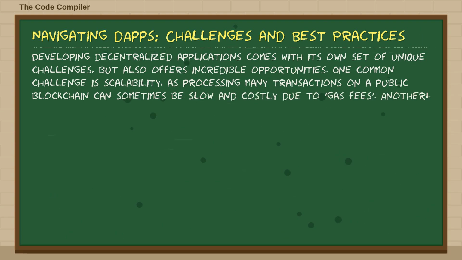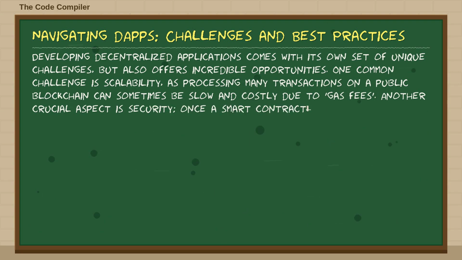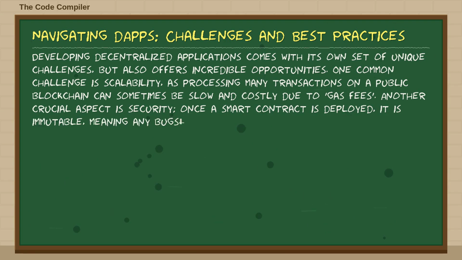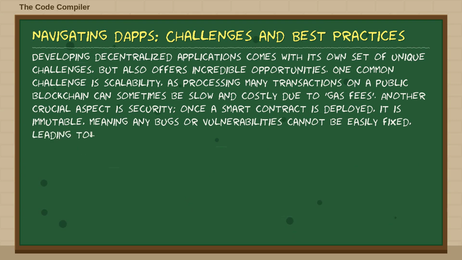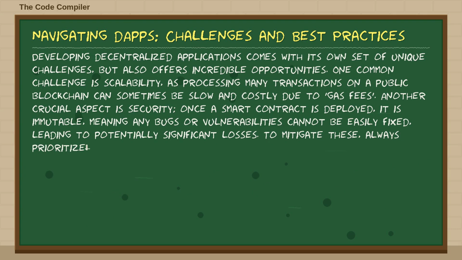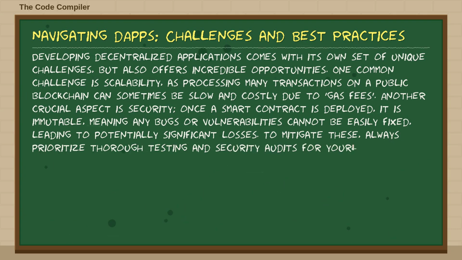Another crucial aspect is security. Once a smart contract is deployed, it is immutable, meaning any bugs or vulnerabilities cannot be easily fixed, leading to potentially significant losses. To mitigate these, always prioritize thorough testing and security audits for your smart contracts.